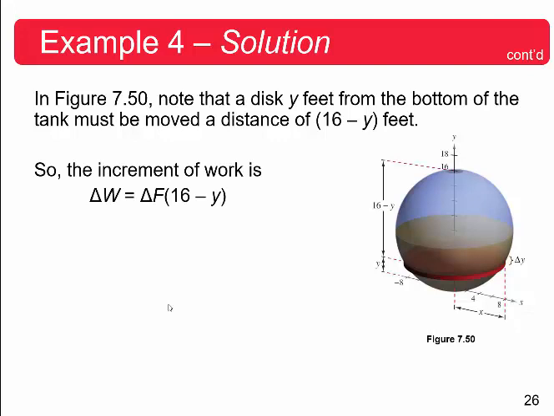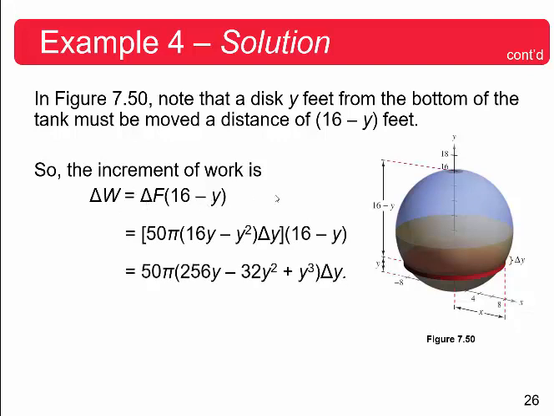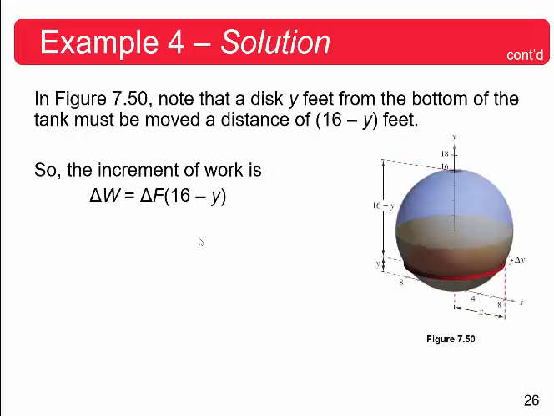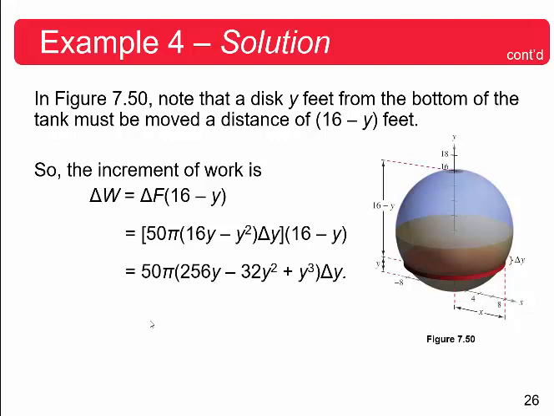The increment of work, delta W, is the change in force times 16 minus y, since work is force times distance. After a little algebra, this is what you get. I'm not going to go through it because I know you can all do this.